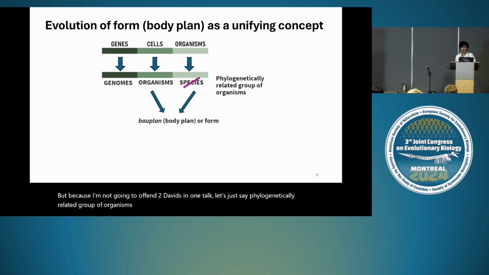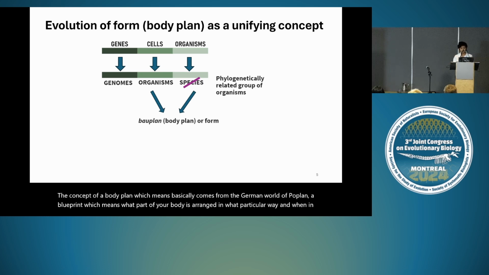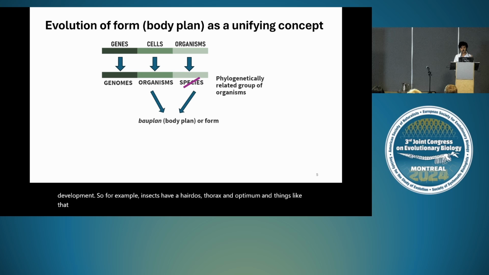And how I think they are united is by the concept of a body plan, which comes from the German word Bauplan, a blueprint, which means what part of your body is arranged in what particular way and when in development. So for example, insects have a head, a thorax, an abdomen, things like that. And it has played a central role in the evolution of development.